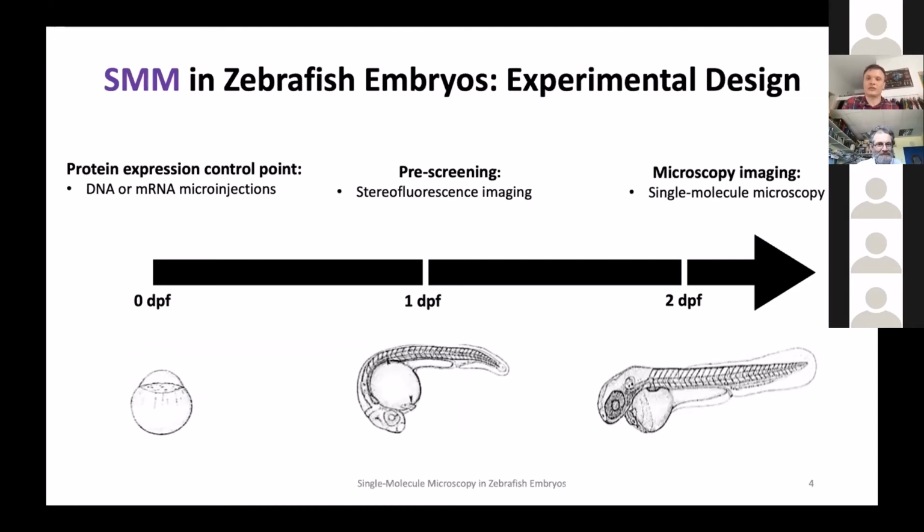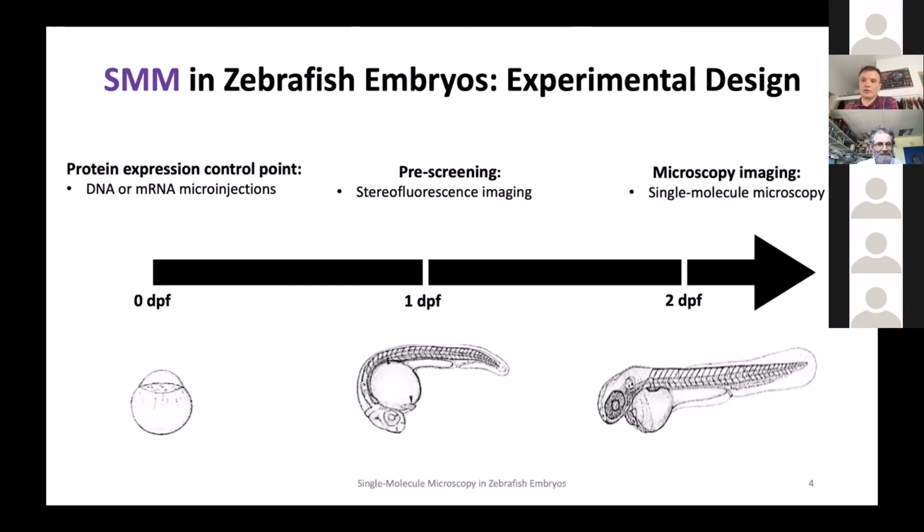At the 0 to 1 cell stage, we inject the embryo with the molecule of interest, which can be DNA or mRNA microinjections. This molecule is genetically fused, as I mentioned before, with the fluorophore of interest, GFP, YFP, or others.